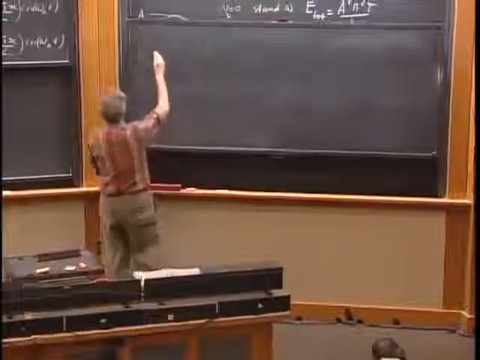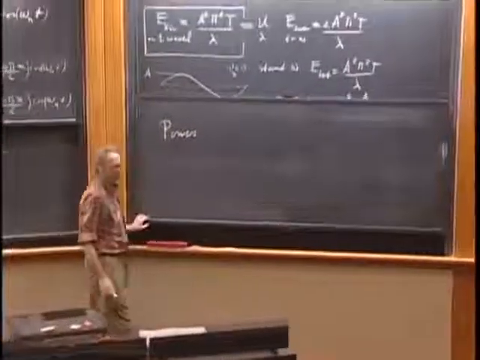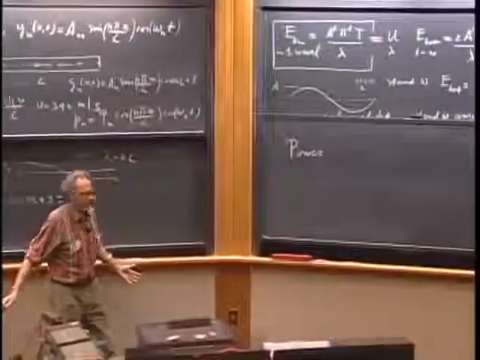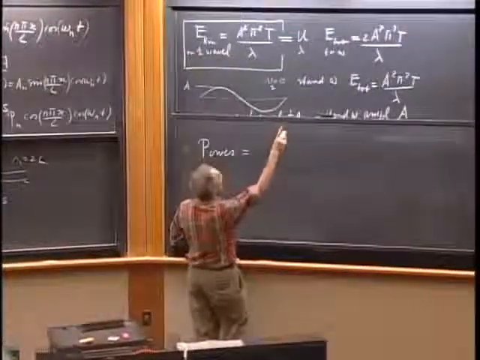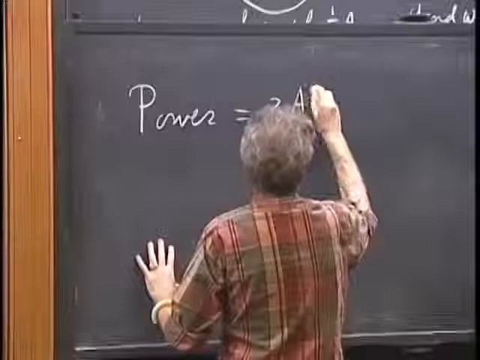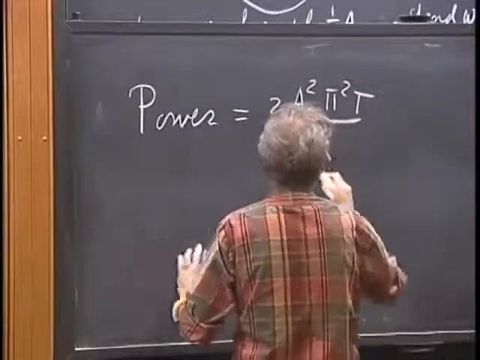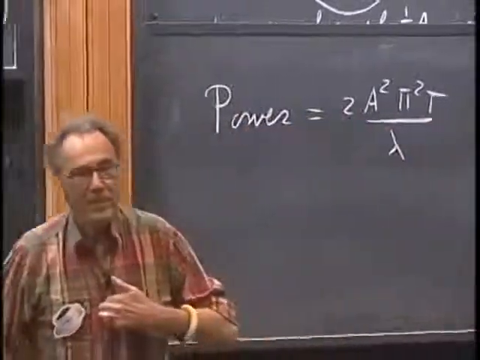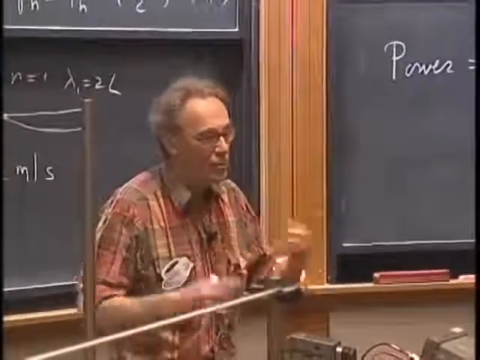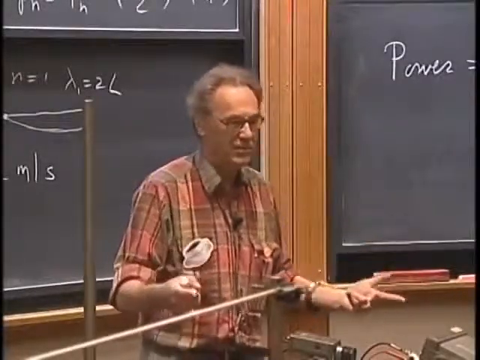And so I can now very easily calculate for you the power to generate a standing wave. That is utterly trivial, because the energy in the standing wave is 2A squared pi squared T divided by lambda, and all I have to do now is divide it by the time that it takes me to generate one oscillation. So that's the period of the oscillation.